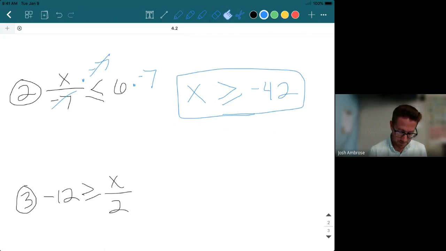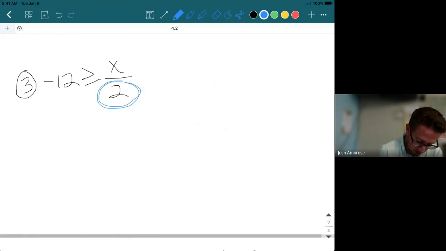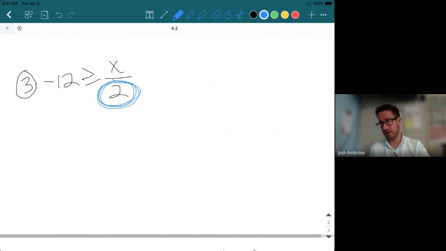Now let's take a look at example 3. I gave you this one on purpose because I wanted you to see the coefficient is 2. What kind of number is 2? It's a positive. So I'm not going to flip the inequality. Just because you see there's a -12, that is not the coefficient. So you're not flipping the inequality because of that -12.